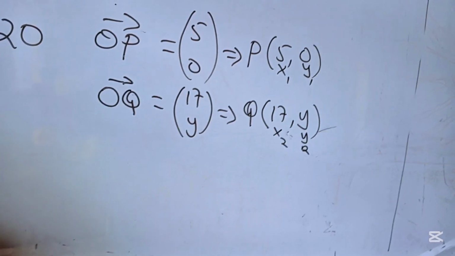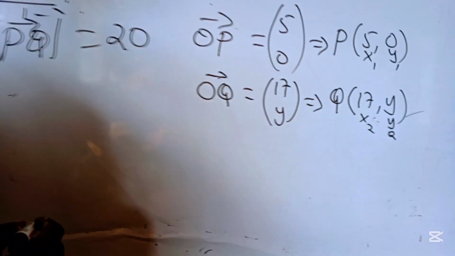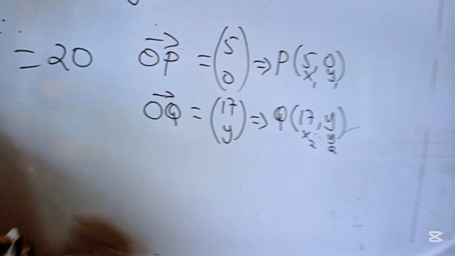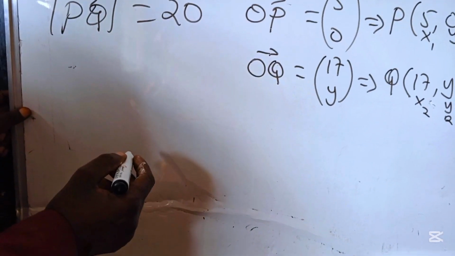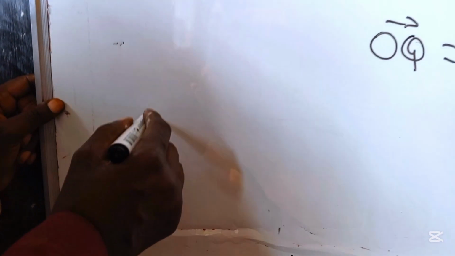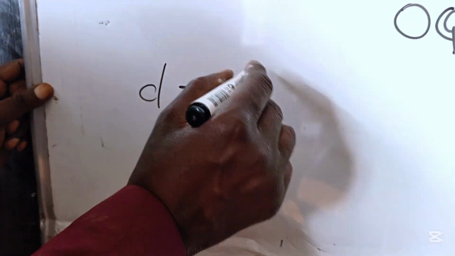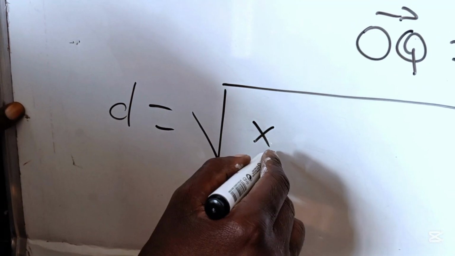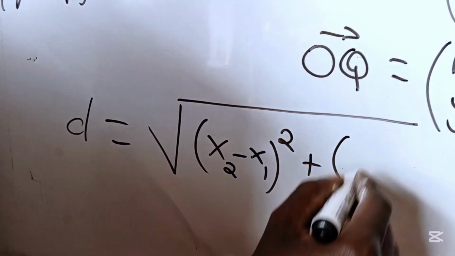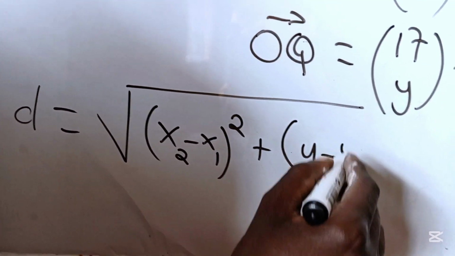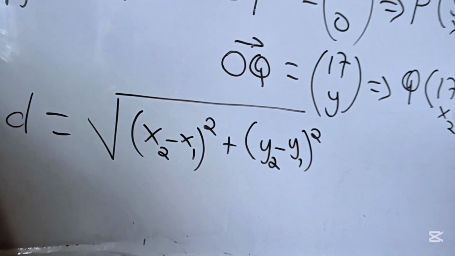When you reach that stage, I know that the distance between 2 points on the Cartesian graph, meaning on the x-y plane, which is the same as magnitude, is the square root of the difference in x, x2 minus x1, squared, plus the difference in y, delta y, squared.